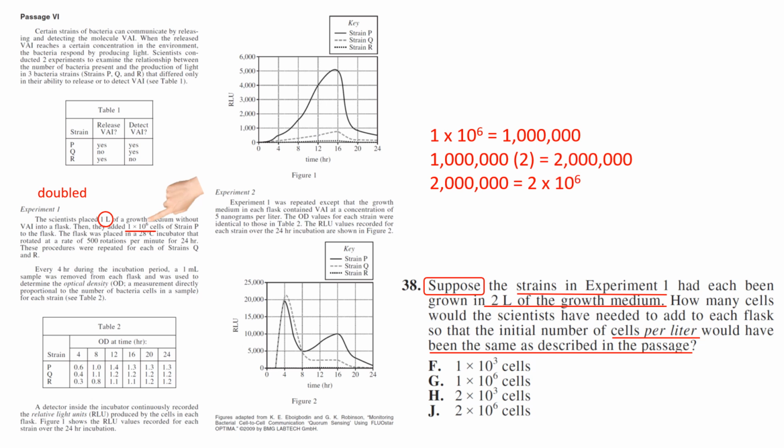Double that is 2,000,000. 2,000,000 is 2 times 10 to the 6. You may have just known that. We can eliminate G pretty easily because we know it's not the same. We know F is smaller. So do you double the exponent or double the number? You would double the number, 2 times 10 to the 6. You probably didn't need to see this worked out, but just in case, I worked it out.